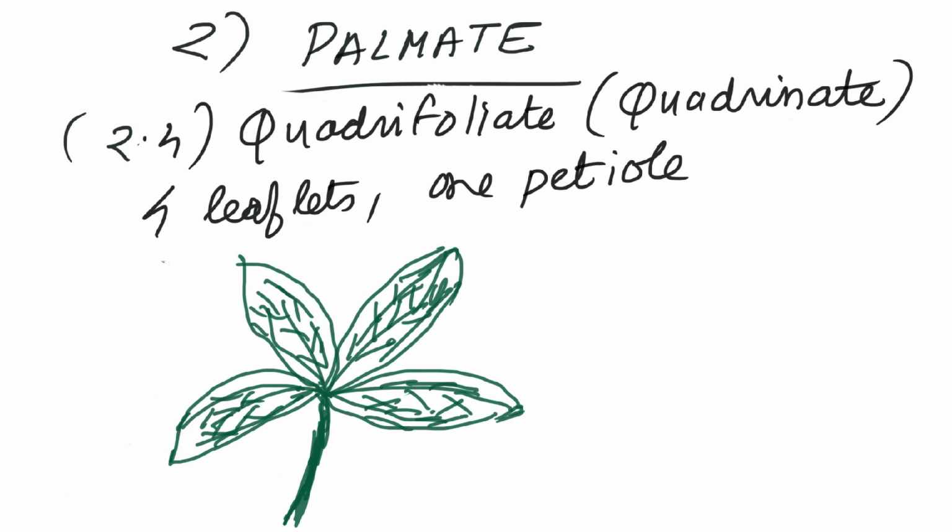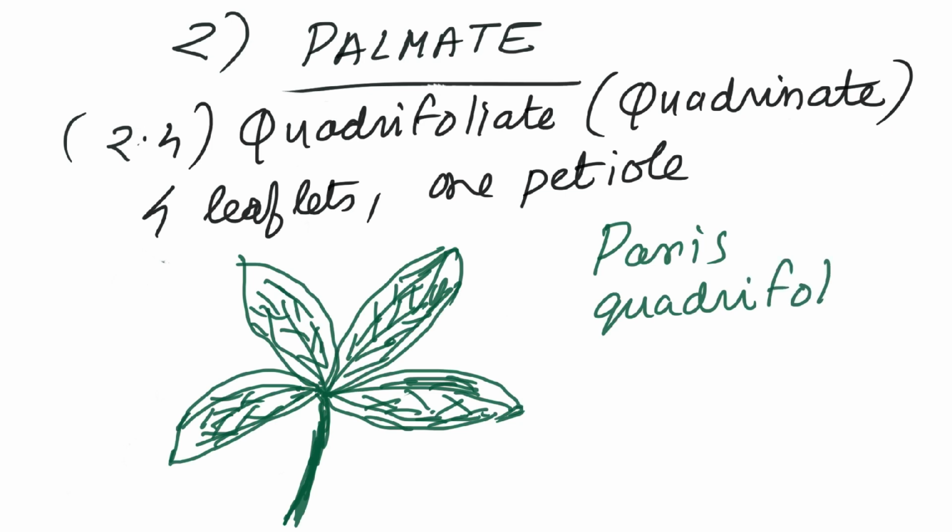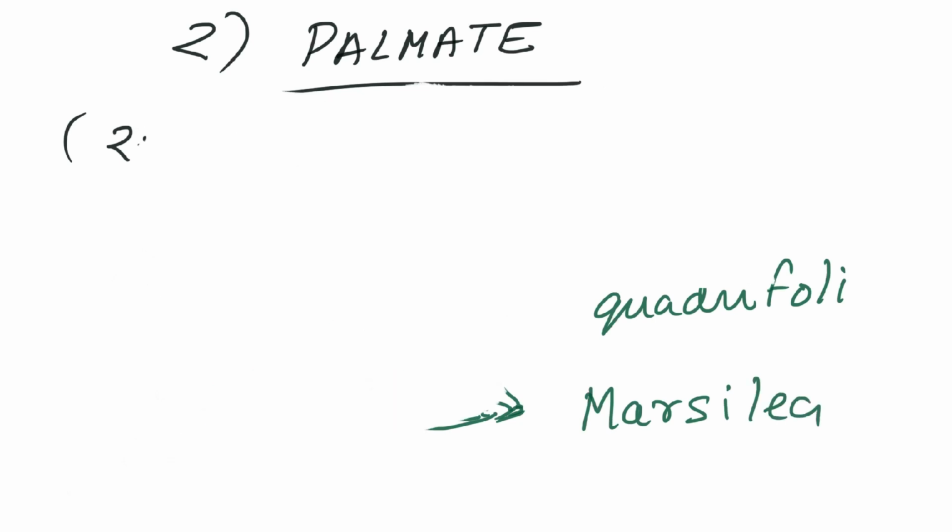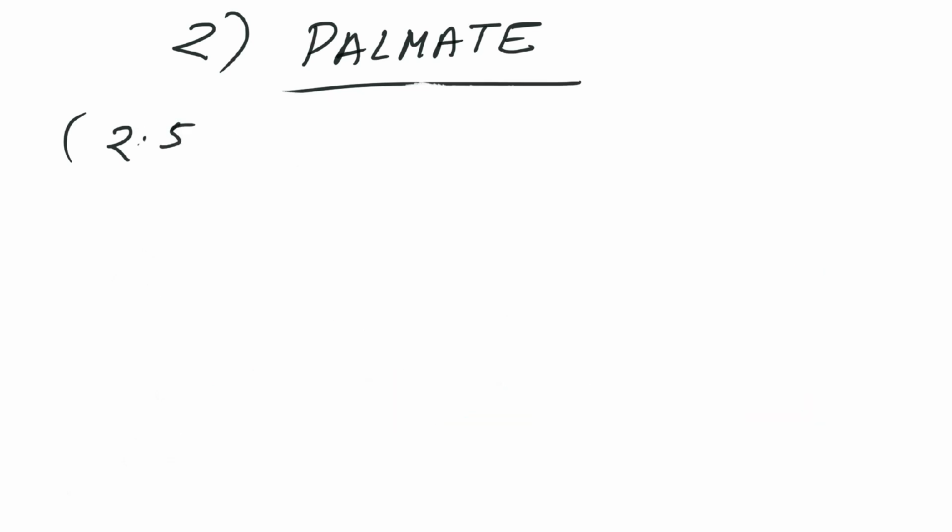Quite easy to understand, and nothing much to discuss. As I already mentioned earlier, to understand this kind of morphological development, the best manner is to remember the examples along with their characteristic diagrams. In this case, the botanical name has the indication, that is Paris cordifolia.